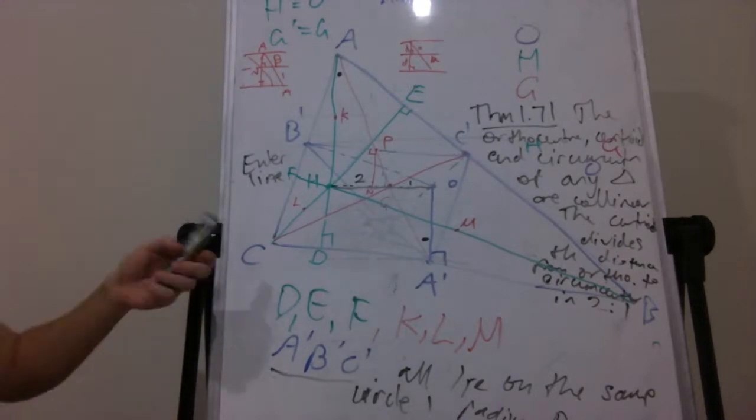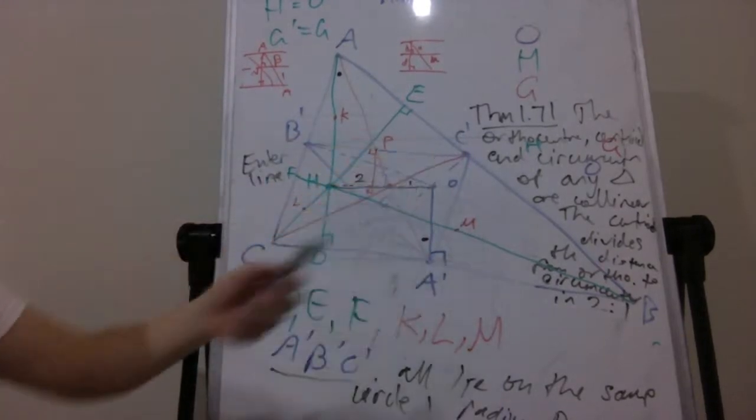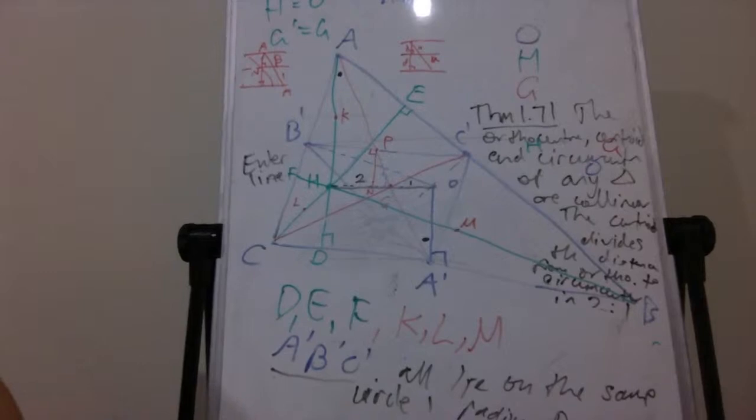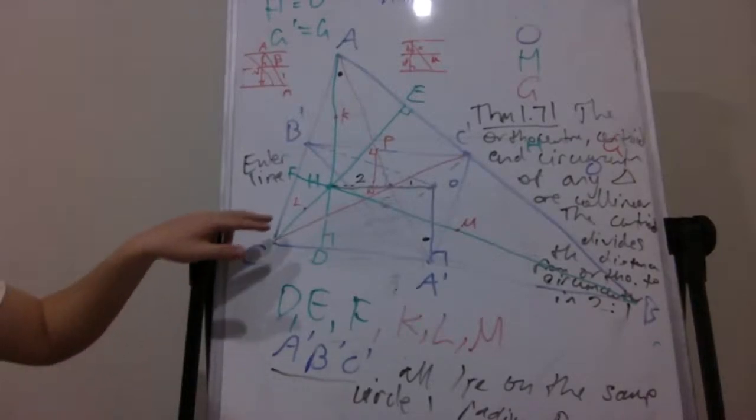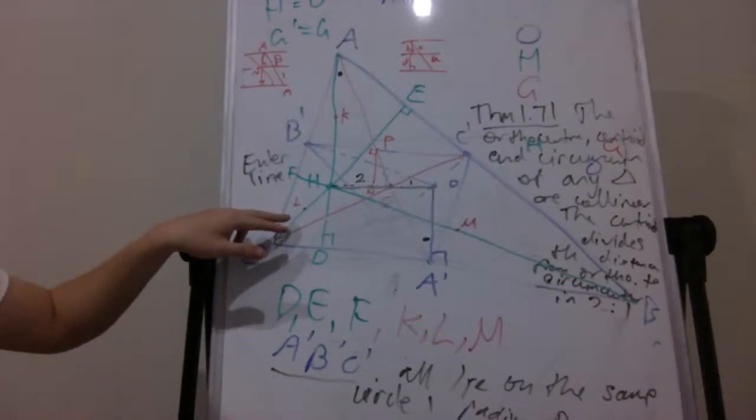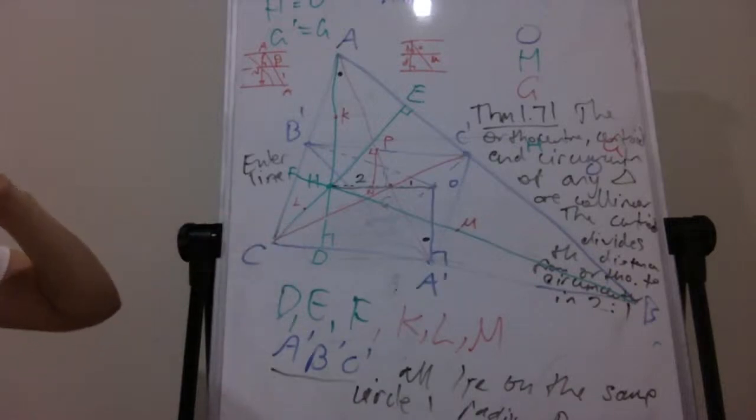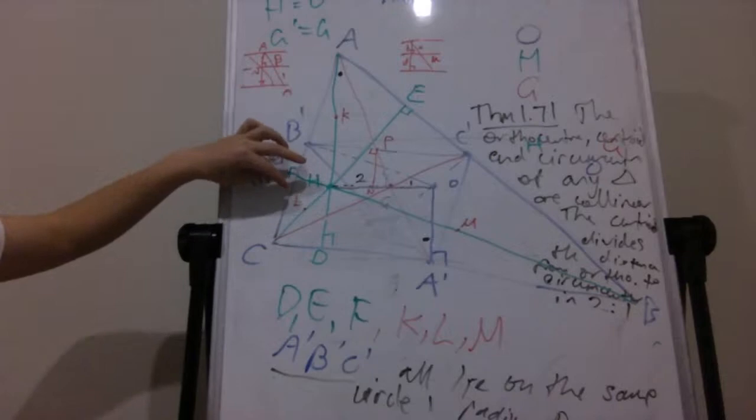So we know that it's parallel to B prime, C prime. It's clear enough that it's parallel to LM as well, because it's the midpoint of HCB, and they're similar by half.